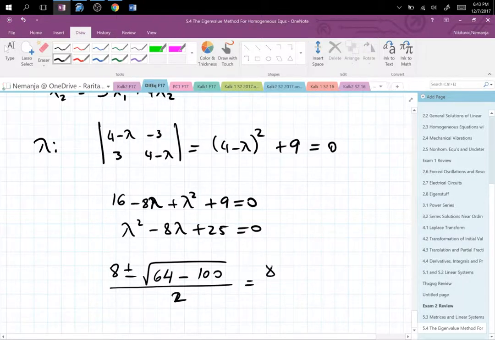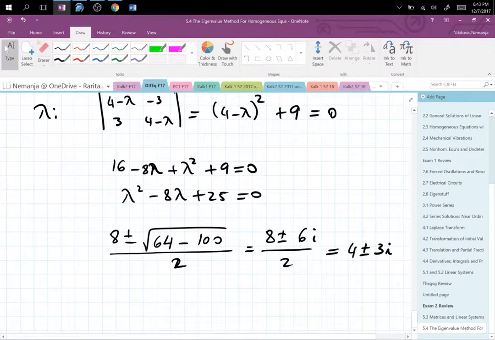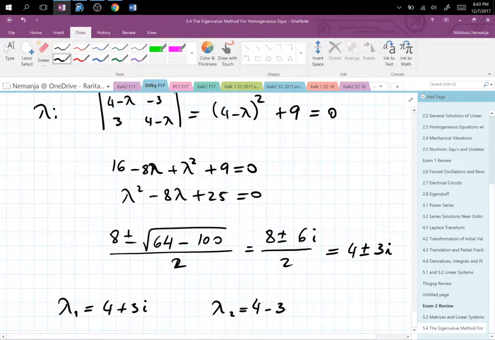That is 8 plus minus the square root of negative 36, so it's 6i divided by 2, and what we get is 4 plus minus 3i. So that's the little bit of pre-calculus there. We have two lambdas. Lambda 1 is 4 plus 3i, and lambda 2 is 4 minus 3i for our eigenvalues.